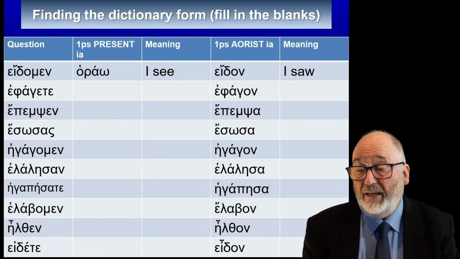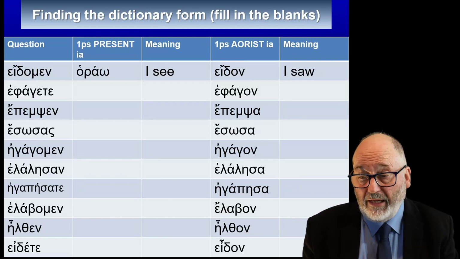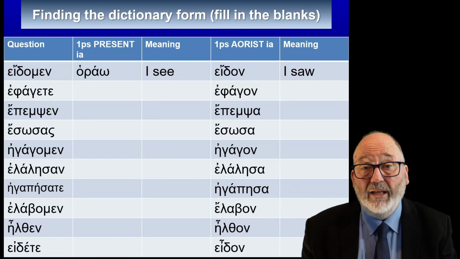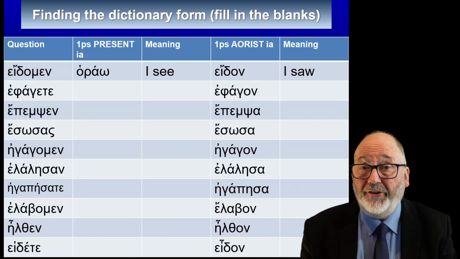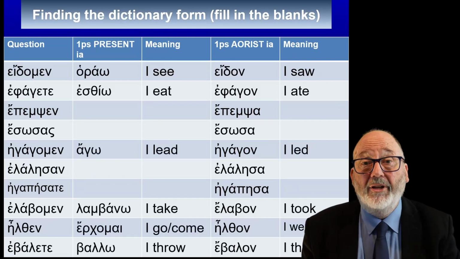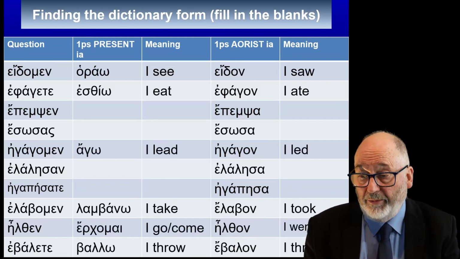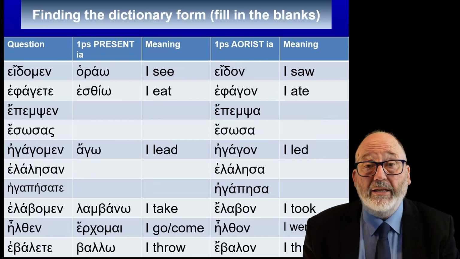So if I glance down this list, I recognize idomen, ephageti, agagomen, elabomen, elthon, and ideti as strong aorists. And here they are, all listed in the table. So ephageti is from esthio, I eat.